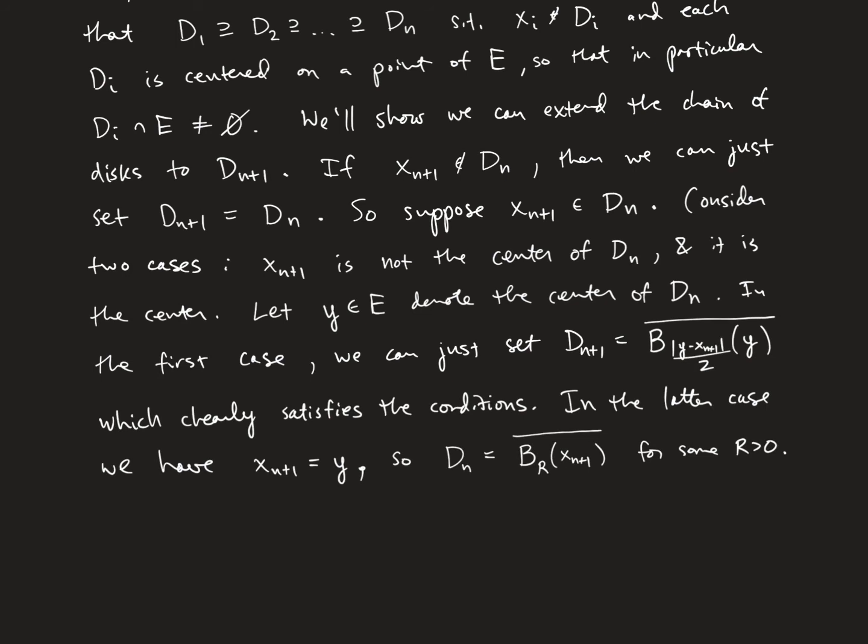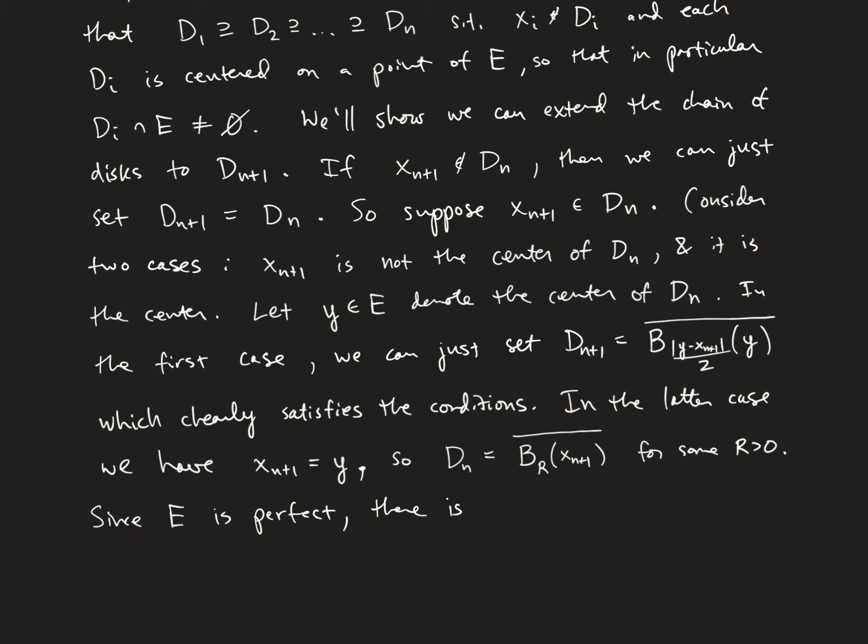Well, because E is perfect, there's got to be some other element of E in the open ball of radius r around xn plus 1.